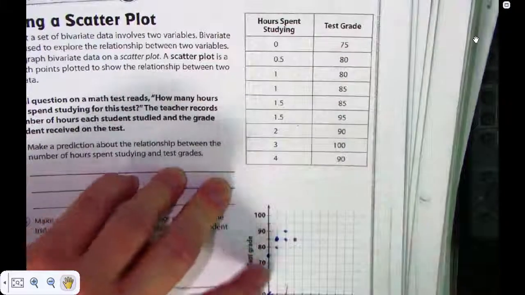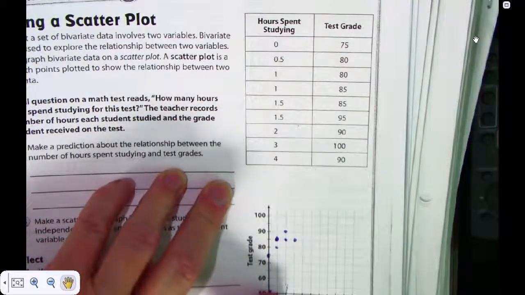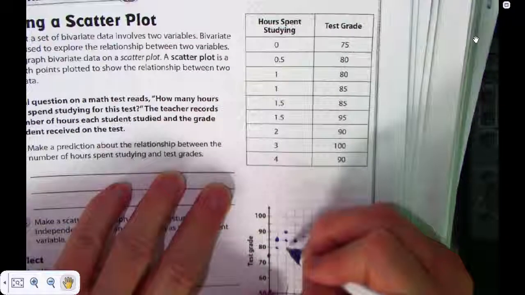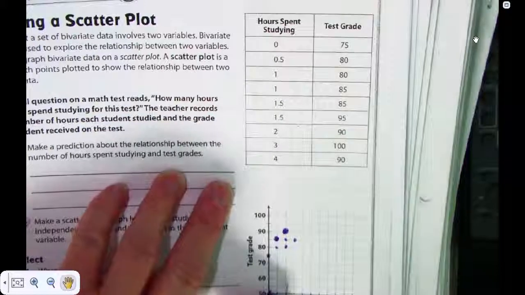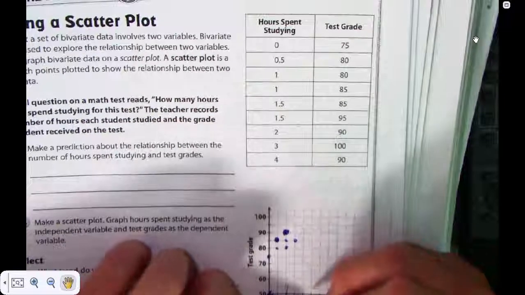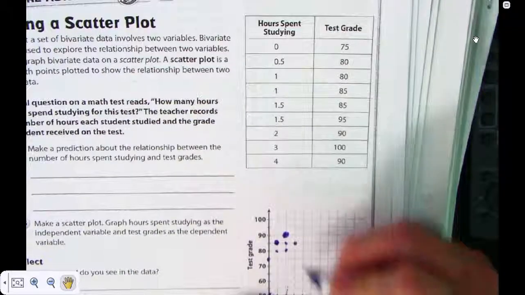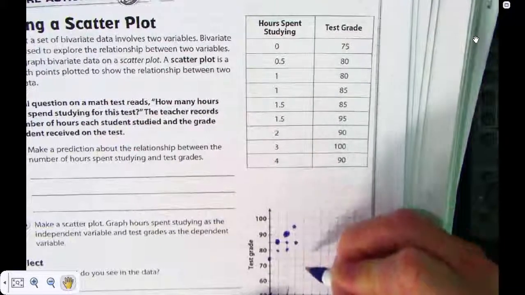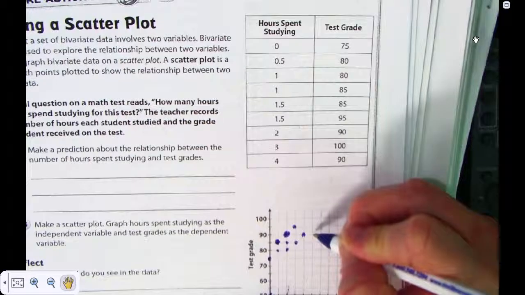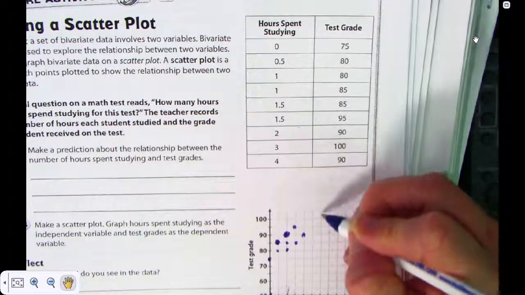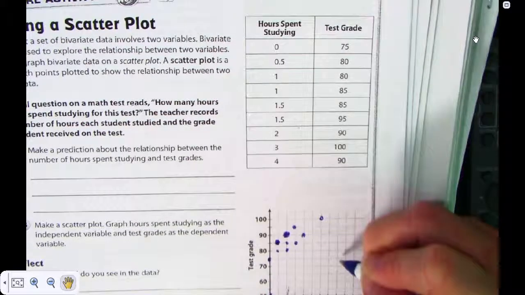That's not supposed to be there. 1 is 80 and 85. That one's wrong. Sorry. And then 1.5 is 85 and 95. 2 is 90. Y'all help me. 2.5. Okay, 3 is, and 4 is 90.